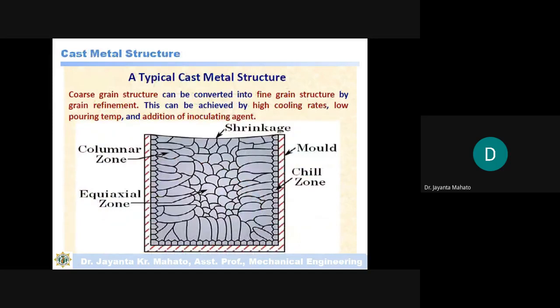So during solidification, what happened? Obviously, this is the mold cavity.